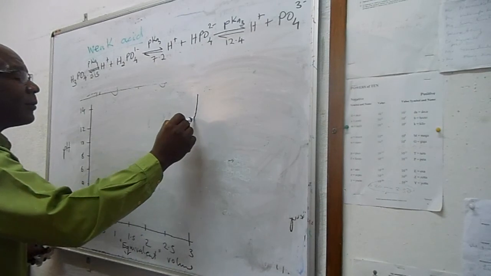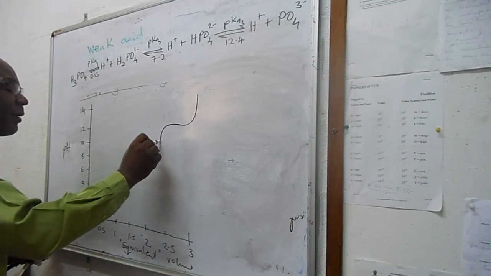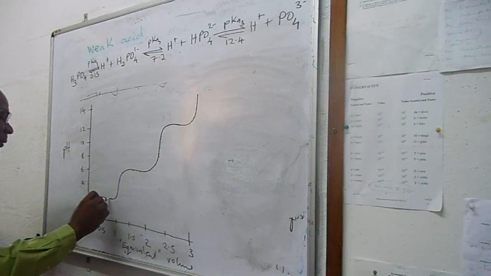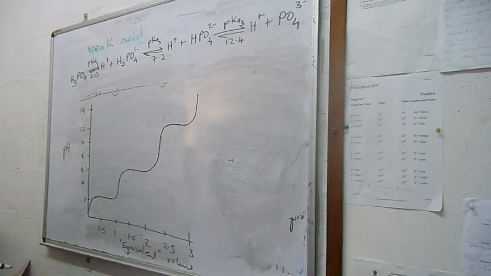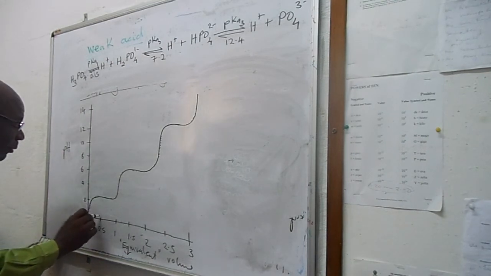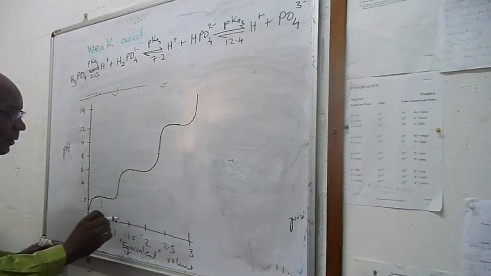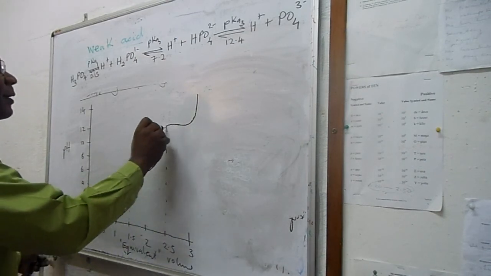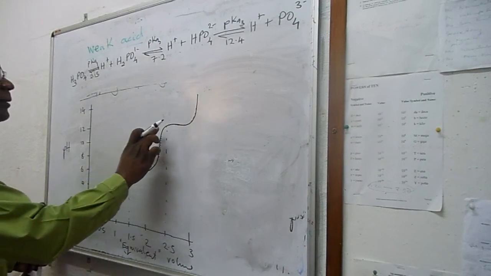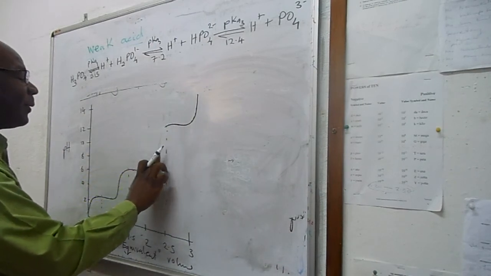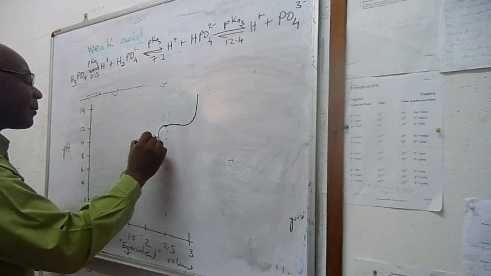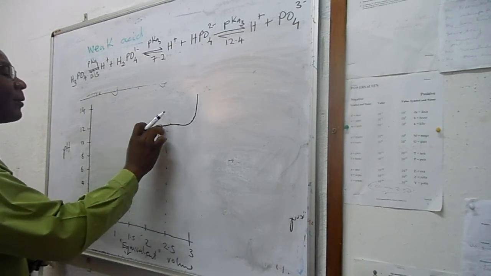So what you have is this titration curve for phosphoric acid. You have inflection points: this one, another one here, and another one there.